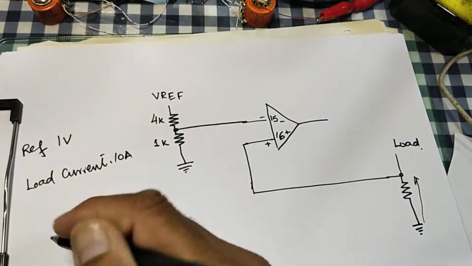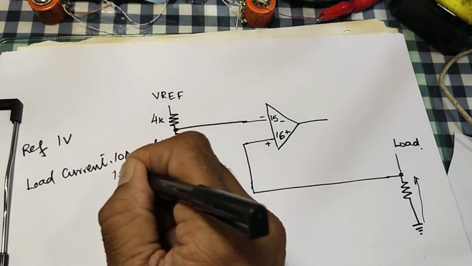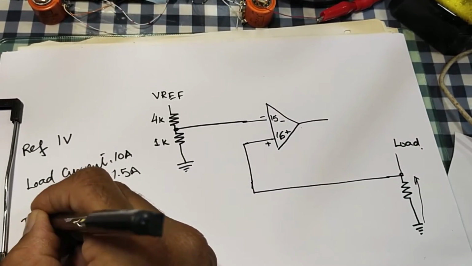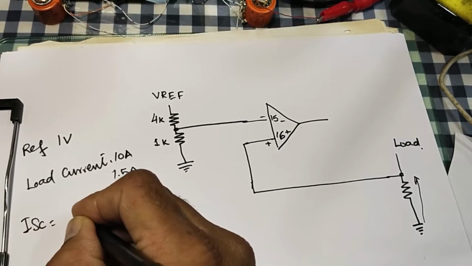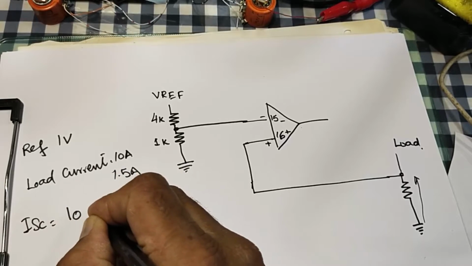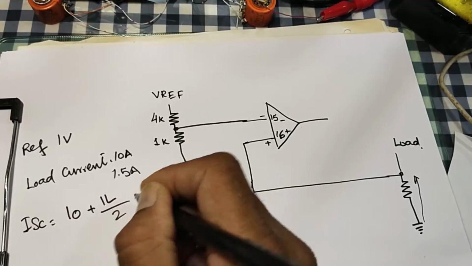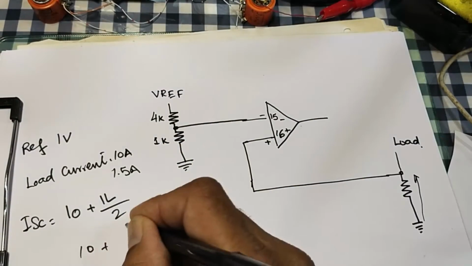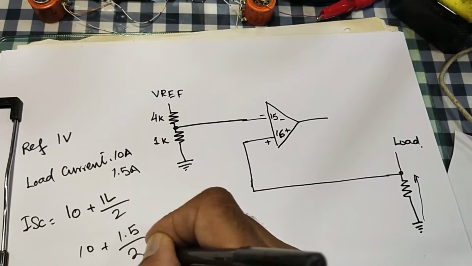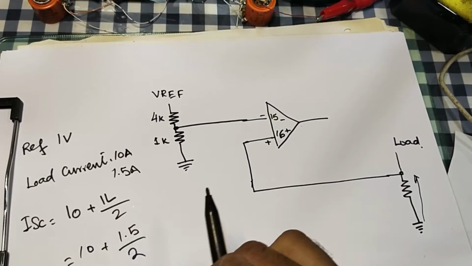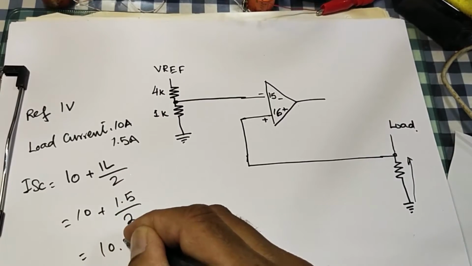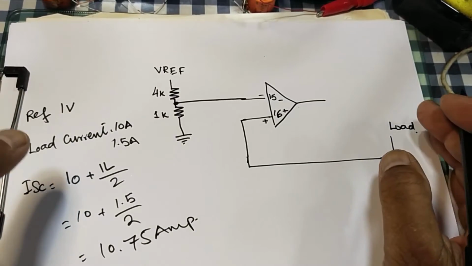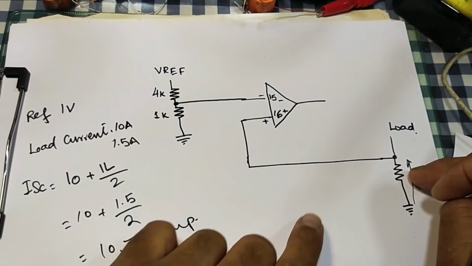Load current 10 ampere and a load swing of 1.5 ampere. So the total short circuit current should be I out plus IL divided by 2. We will take the average of this swing. So 10 ampere plus 1.5 divided by 2, it will be 10.75 ampere. So this is the short circuit current.